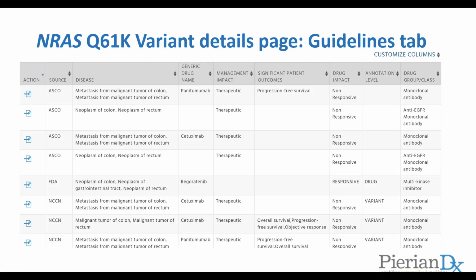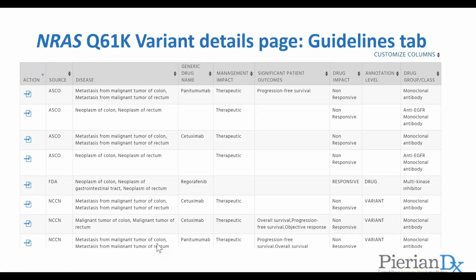Now, to further extend that, the pathway level of annotation is selected when a gene is not referenced by name, again, but there is a drug that is referenced, and that drug targets a pathway of which a particular gene is a part.